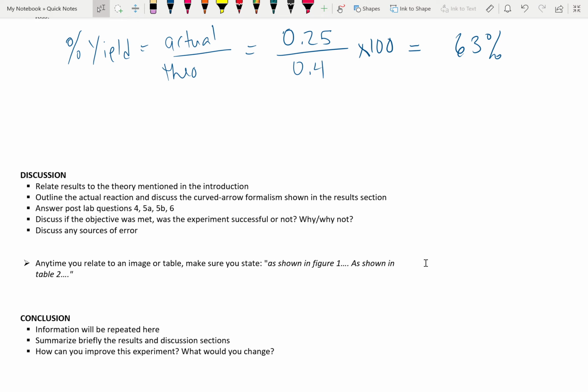If you are not referring to any image, then you need to exclude that image. You cannot keep it in your report. You will have points taken off if you have an image that you don't discuss, or a table. So you need to make sure everything in your results section is discussed in the discussion section, and it's referred to, like, shown in figure 1, shown in table 1, shown in table 2. So you need to make sure everything is lined up.